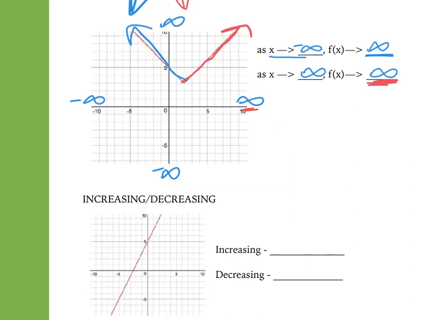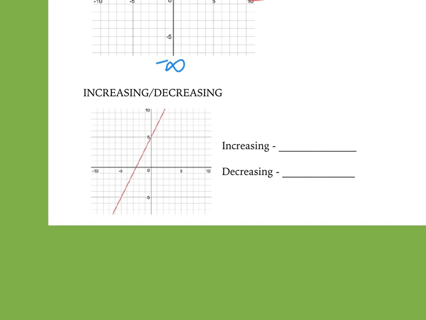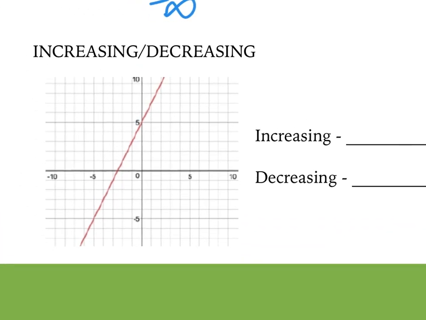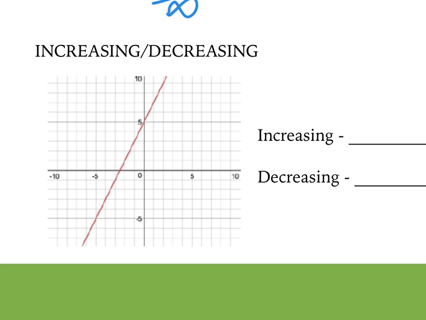Okay. Next up, we have our increasing and our decreasing intervals. How these work. Again, these are your pathways. So this is my pathway on my x-axis. If y is going up or down, I just want to know where is x at.